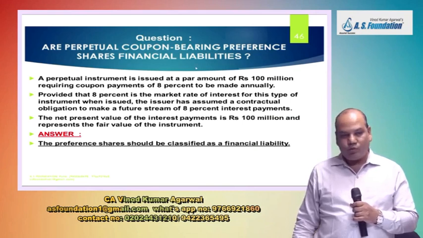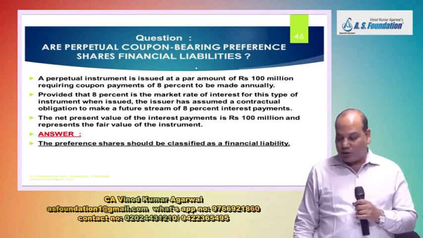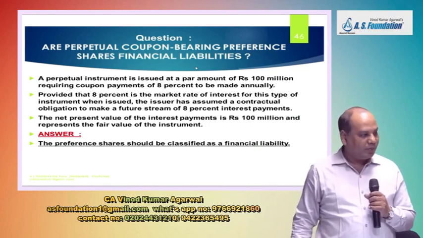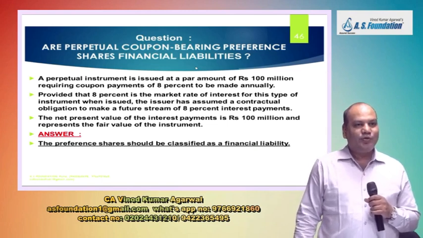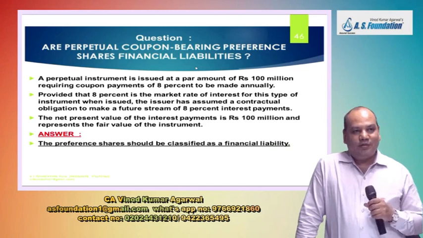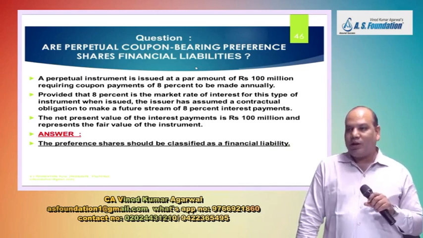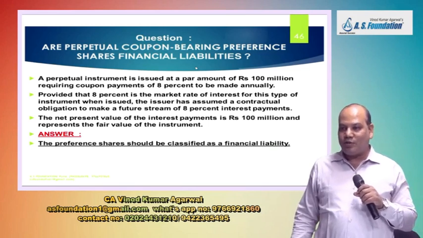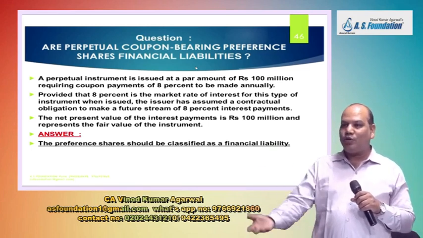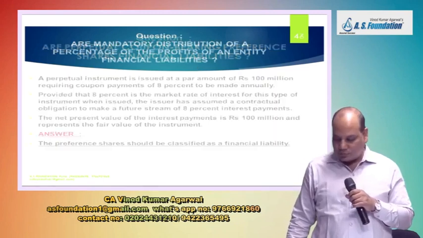So what are the 2 points you have to mention in your answer? First, we are assuming that it is a mandatory coupon payment. Second, we are assuming the market rate of interest and the coupon rate are both equal. Market rate of interest means the discount rate that you use. Coupon rate is what the company is contractually going to pay you.